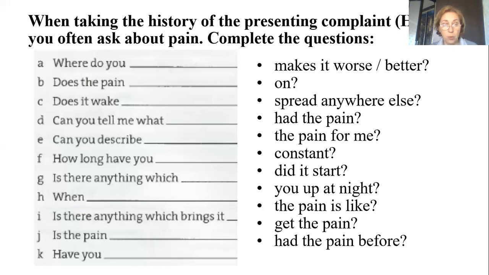We need the past participle, the third form of the verb, because this is present perfect. Will you repeat, please? Okay, how long have you got the pain? But we don't have "got", there is "get the pain", and we've already used this in sentence A. Choose another option, please. How long have you?